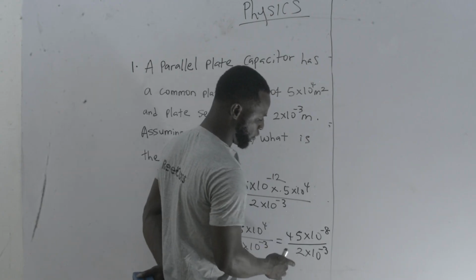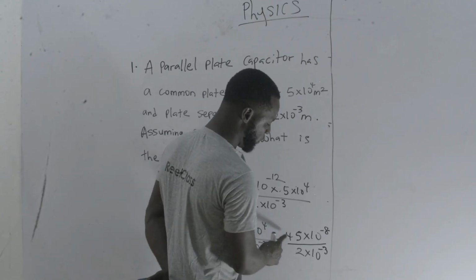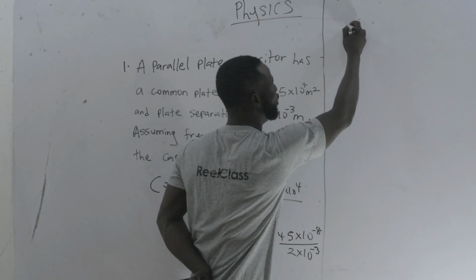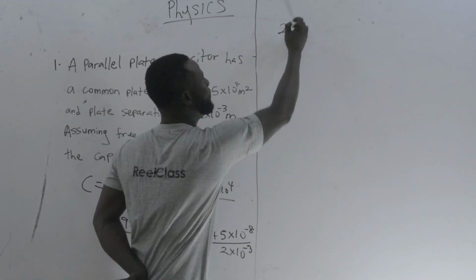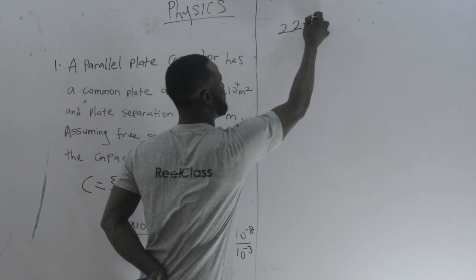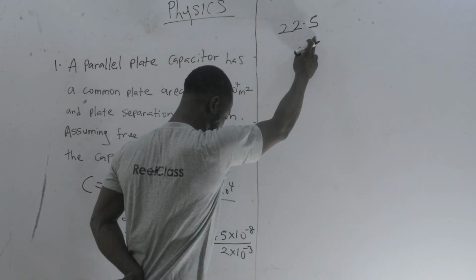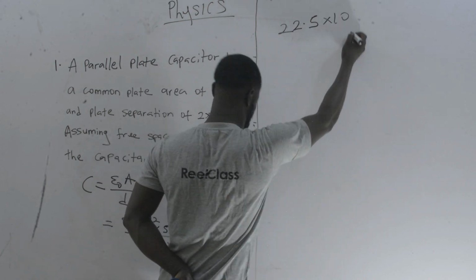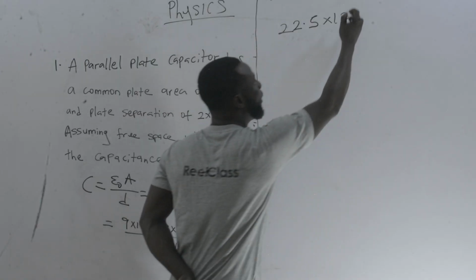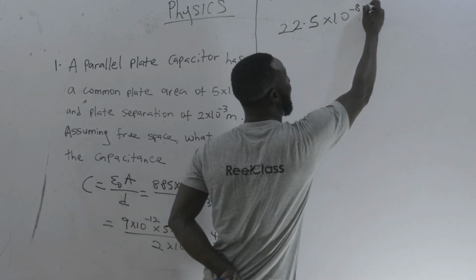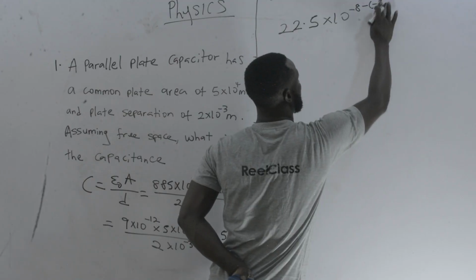Now, we can do this division. We can say 2 into 4 will give me 2, 2 into 5 will give me 2, remaining 1.5. So I'll get 2.25 times 10 raised to the power, this minus 8 and this minus 3. So the raised power is minus 8 minus 3.